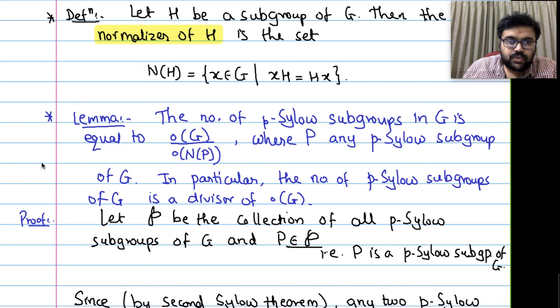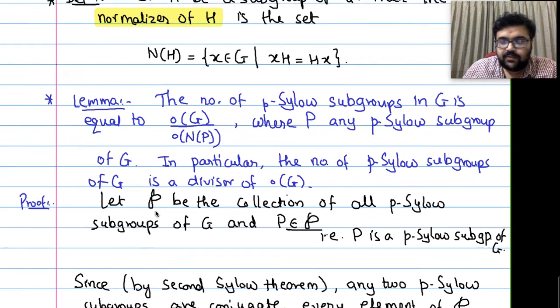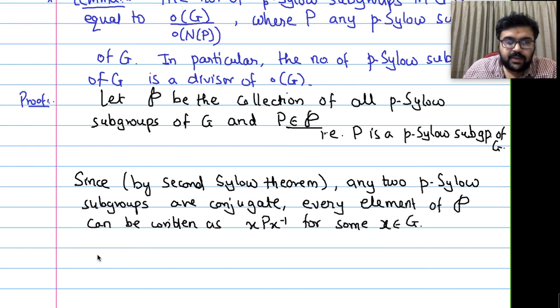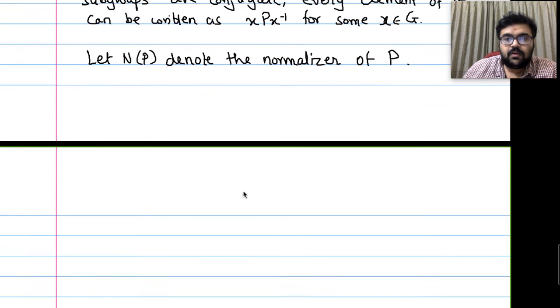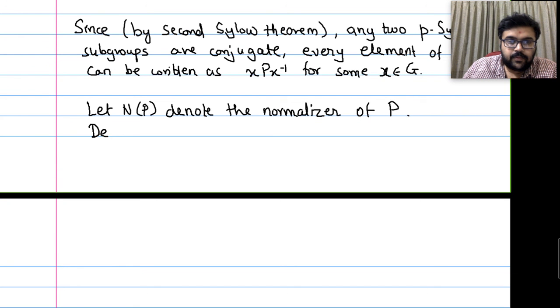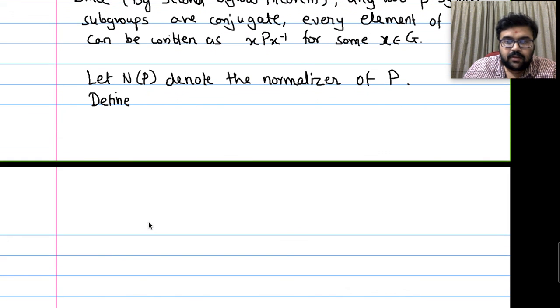So the index is nothing but order of G quotient NP. So we define a map. Let NP denote the normalizer of the subgroup P. Now define phi from P to G quotient NP.